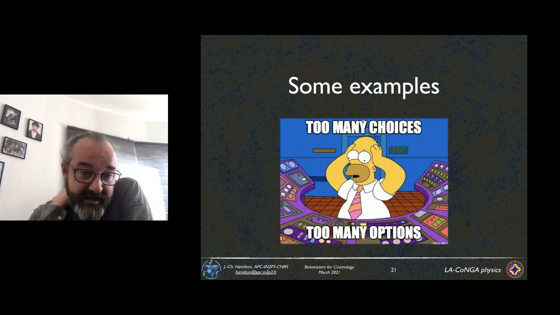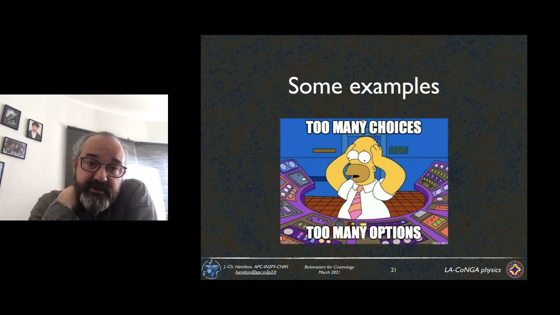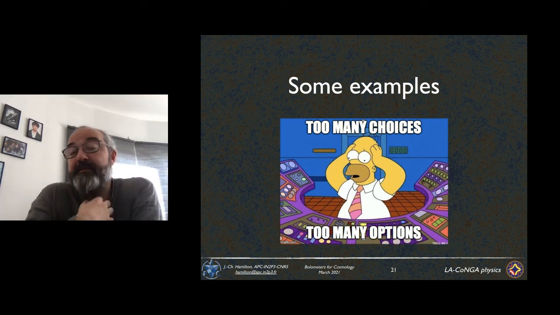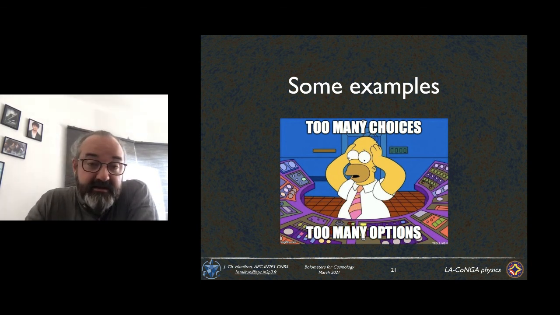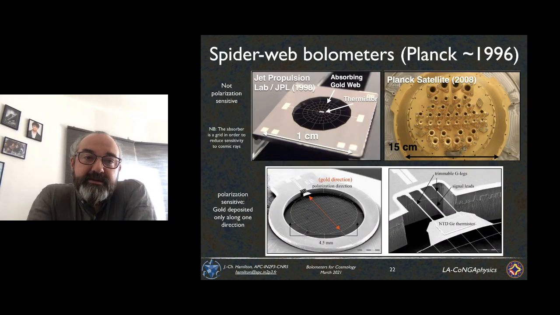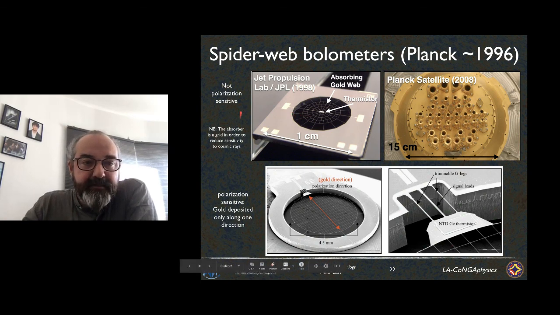So let's try to see a few examples of bolometers, and you will see that there are many different designs and choices for bolometers, for TES. So the original one are the spiderweb bolometers that were very successfully used in the Planck satellite. They were designed back in 1996, basically. There are two designs shown here.